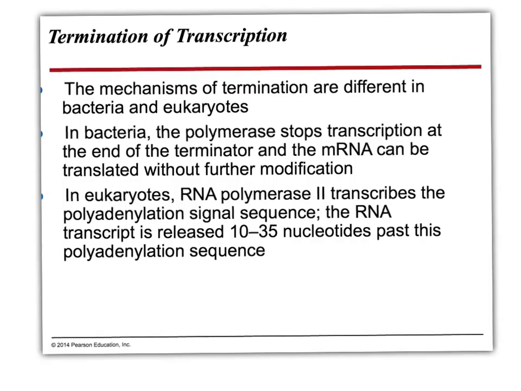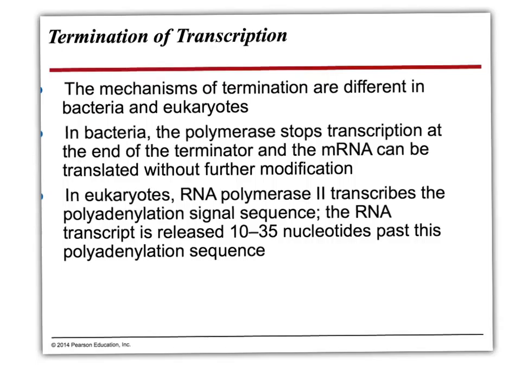Okay? Eukaryotes, there's a little more complexity. All right? RNA polymerase II, which is the one that makes mRNA, messenger RNA, transcribes what we call the polyadenylation signal sequence. All right? So there's a run of A residues that then allows a separation.